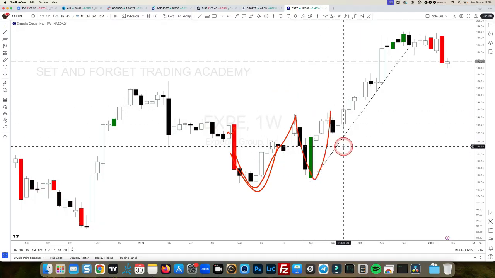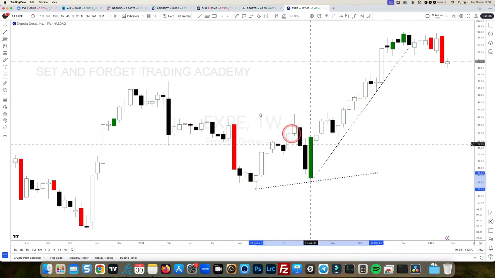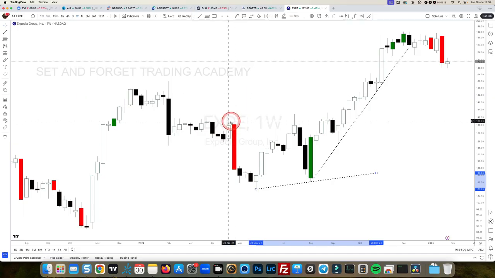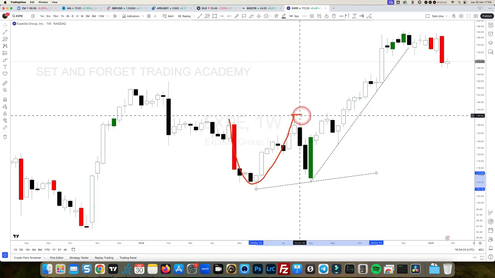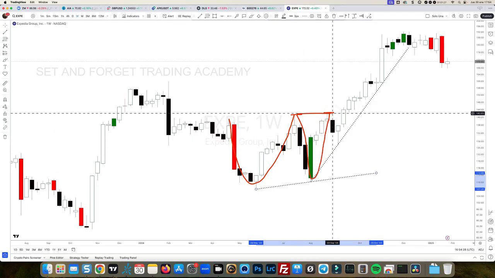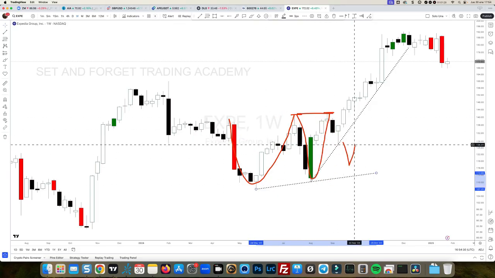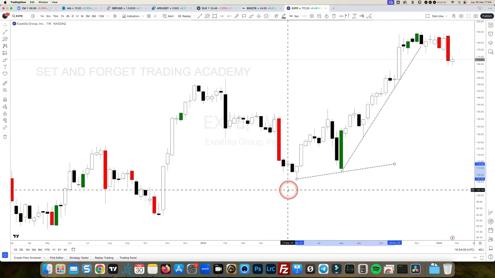So the previous valid trend line to the one that we have already drawn on the chart could be like that, because we've got this V shape that printed a high, and then the second V shape printed a higher high. This complies with the tilted W rule. Good. So this could be it for Expedia.